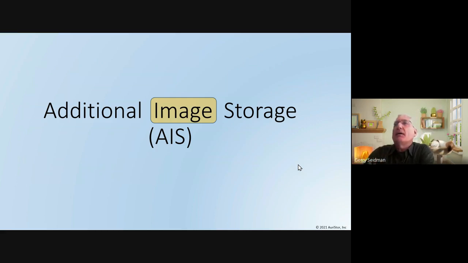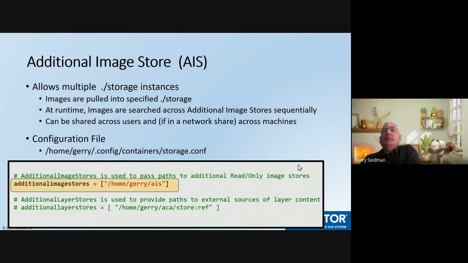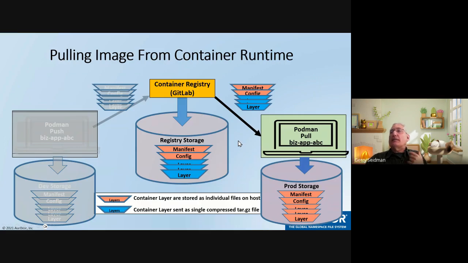So now we're talking about additional image store, not an additional layer store, additional image store. Briefly, additional image store allows you to have multiple instances of that structure that I just talked about. You have one or more of those, and they're configured in the storage.conf file under additional image stores.